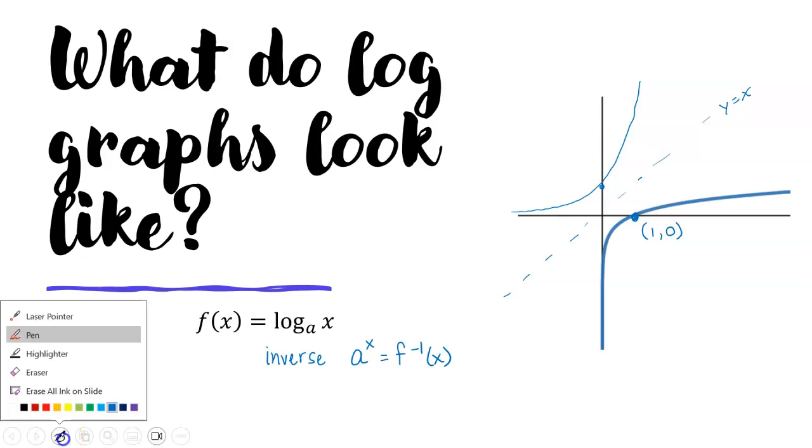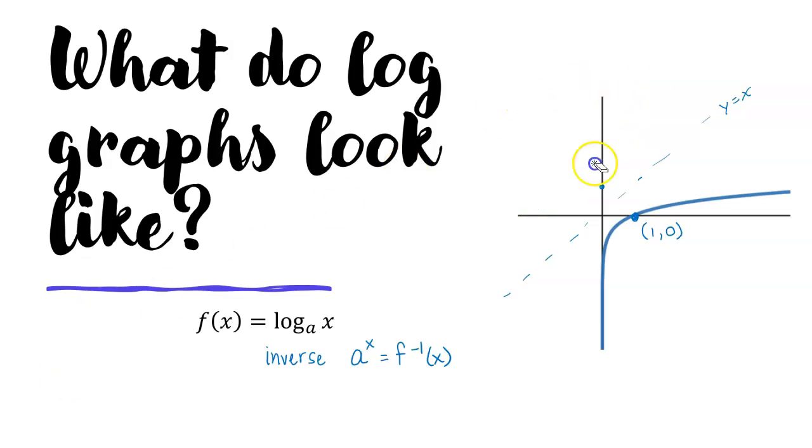And the other thing you should know about log graphs, which are not these ones, that's the one that's shown there, is that you are going to have an asymptote at x equals 0. This is the only graph we have so far with an asymptote that is vertical. This graph is going to go out towards infinity as x goes towards infinity.